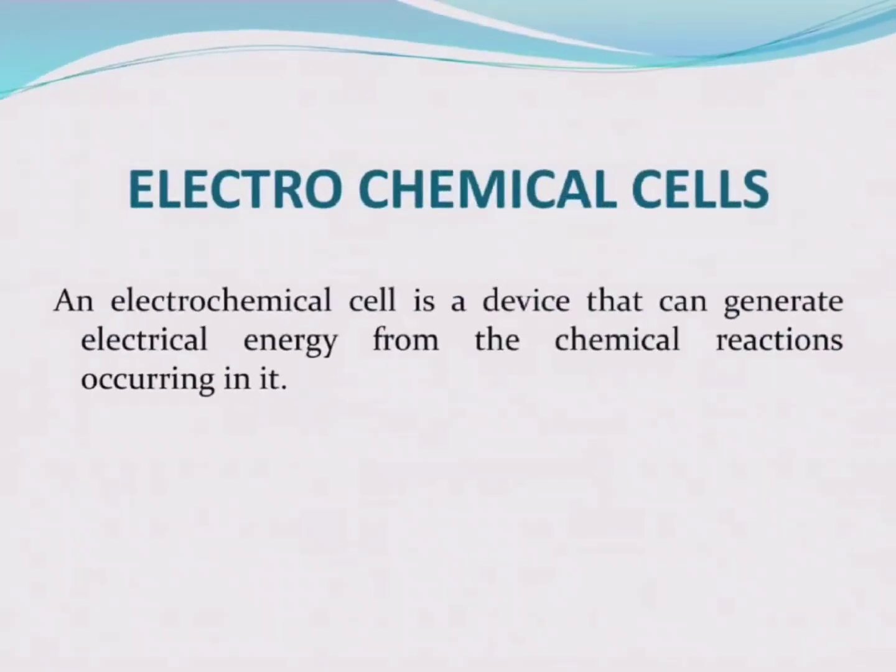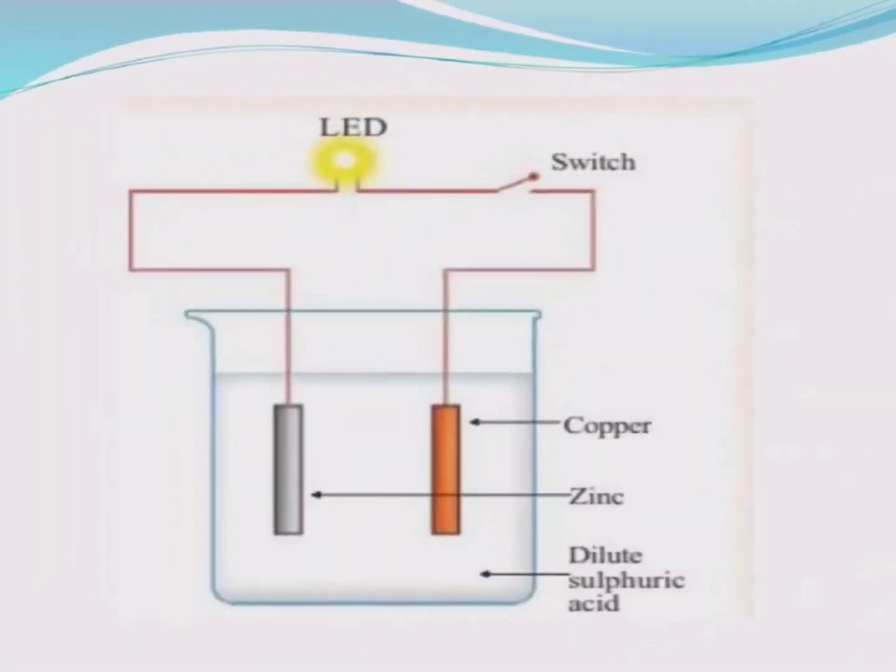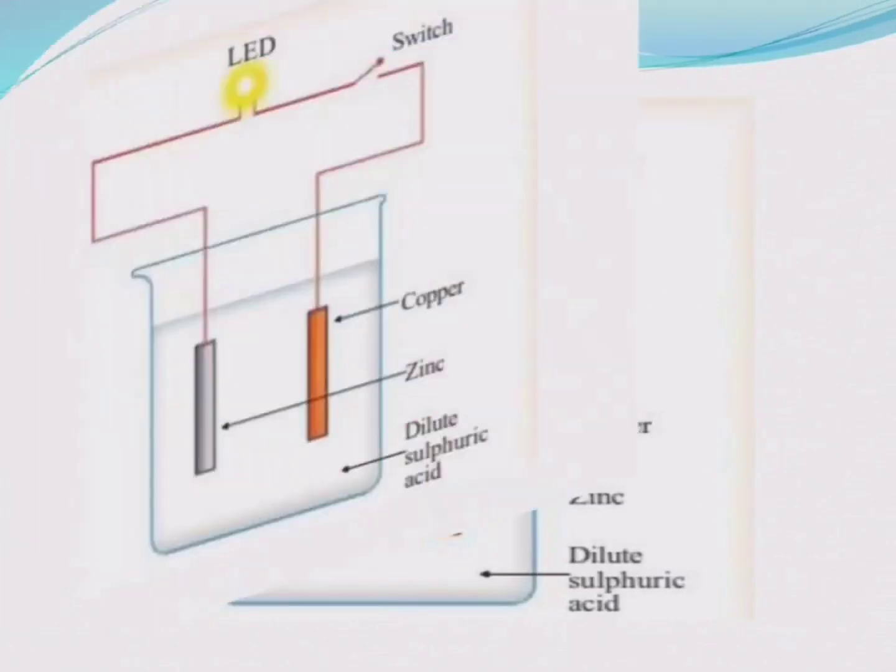The next example for electrochemical reaction is the electrochemical cells. An electrochemical cell is a device that can generate electrical energy from the chemical reactions occurring in it. Here is the diagrammatic representation of an electrochemical cell.